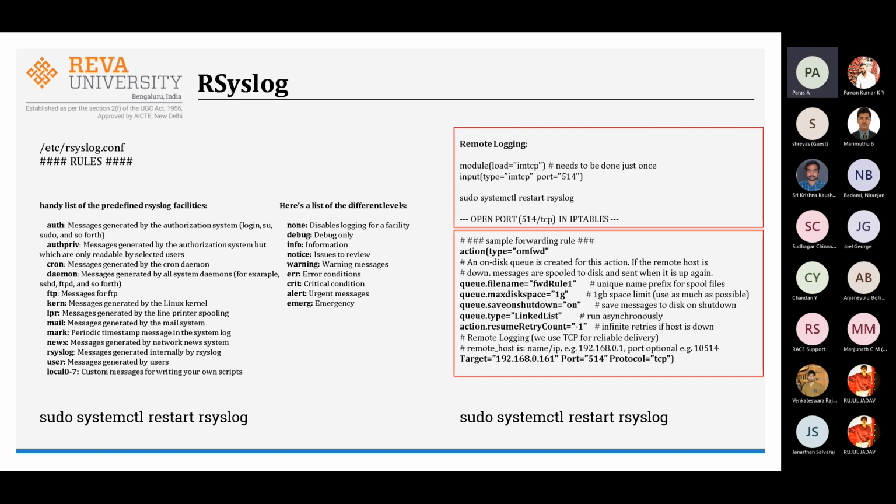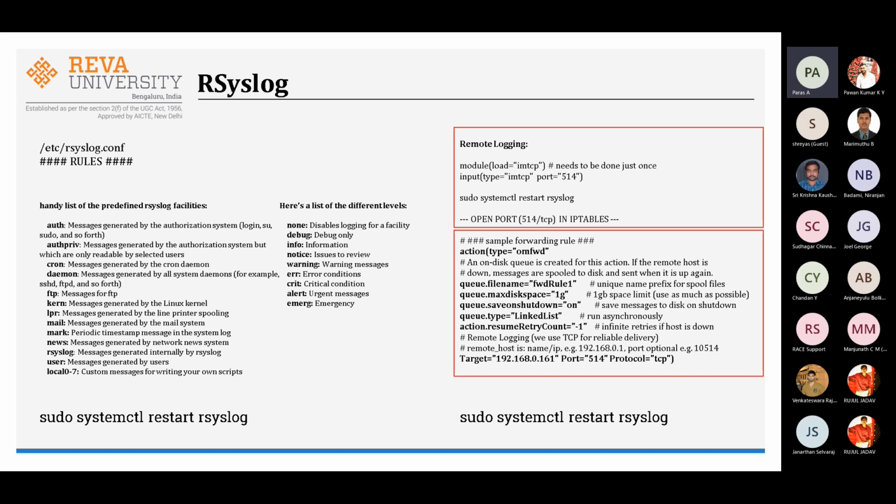So that will go in the authpriv. Cron, my scheduling messages. Daemon, my services. FTP is like FTP. Kern for my kernel, LPR for printer, mail for email or mails, mark for the timestamp message, news for the NNTP kind of a protocol.